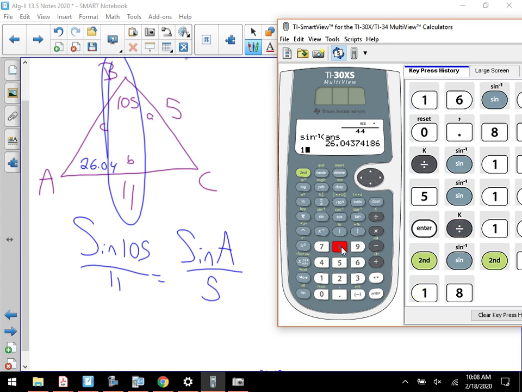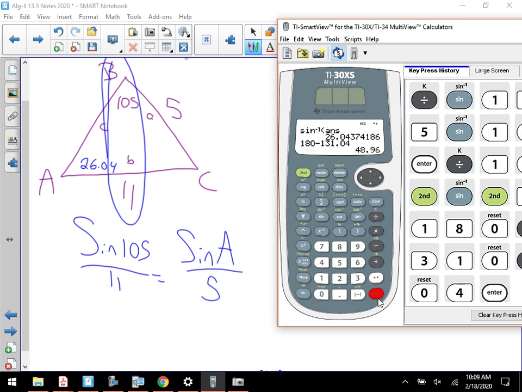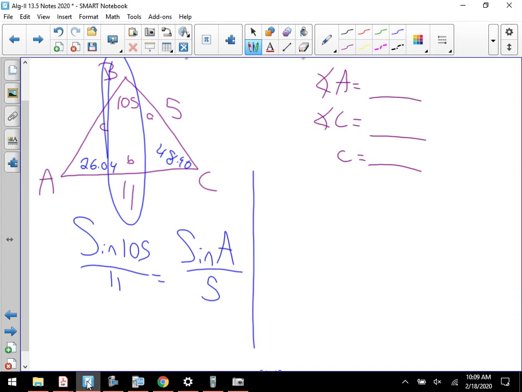So 180 minus 131 is 48.96. And then I use that to find its side opposite. Okay? So sine 105 is to 11.